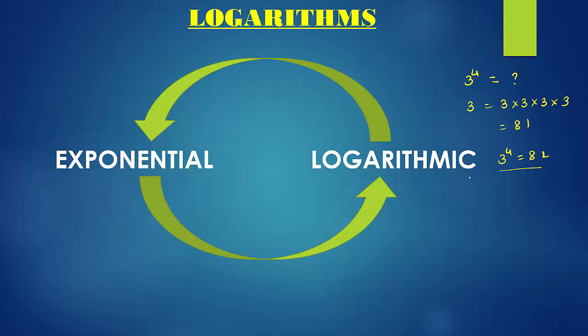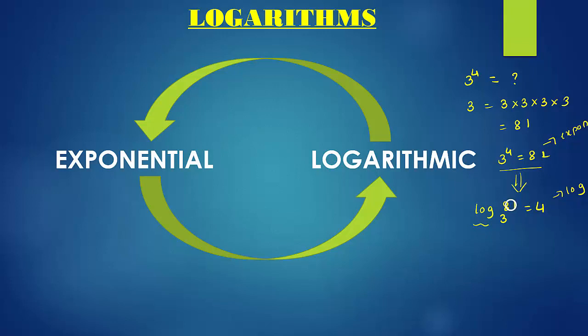Then what are logarithms? Now this exact same thing we can write using logarithms. So this can be written in terms of logarithms as log of 81 to the base 3 is equal to 4. So this is exponential form and this is logarithmic form. You can look at this expression carefully.